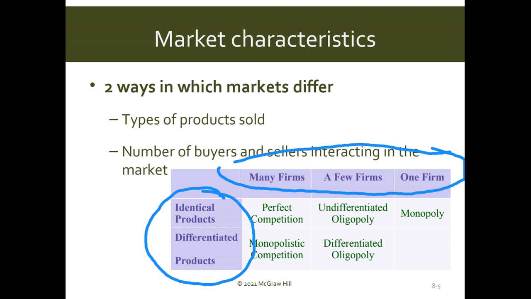But with few firms and many firms, maybe all these firms are producing similar products. This is what we call differentiated products, or these firms are producing identical products. Both are possibilities.